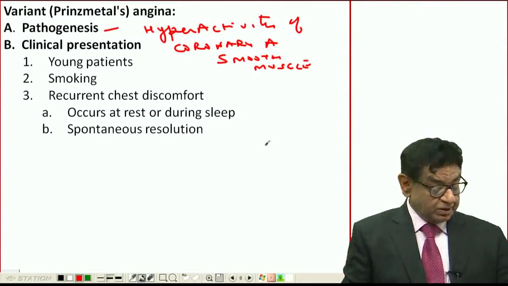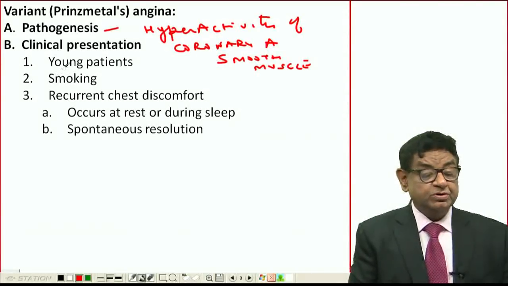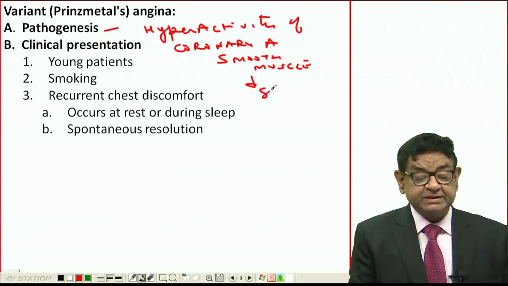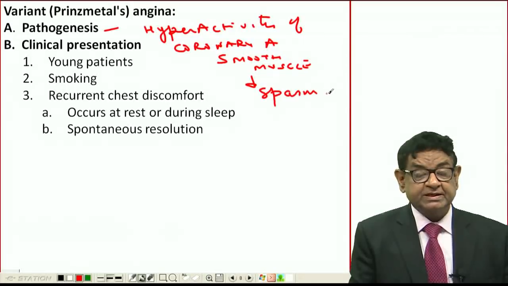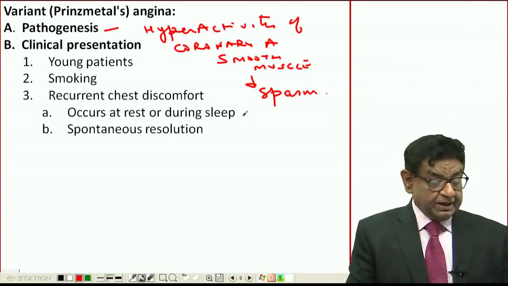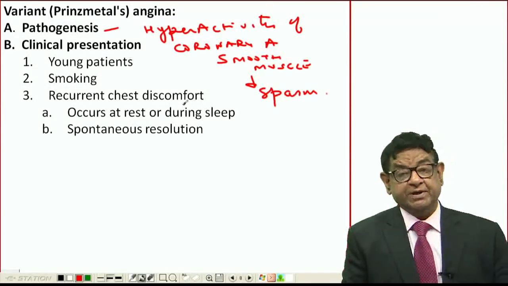Okay, and that lead to coronary spasm, as I discussed, so-called vasospastic angina, and it typically occurs in young patients.